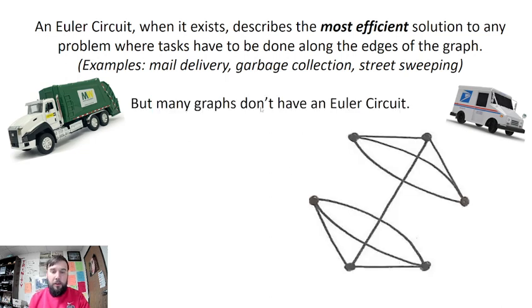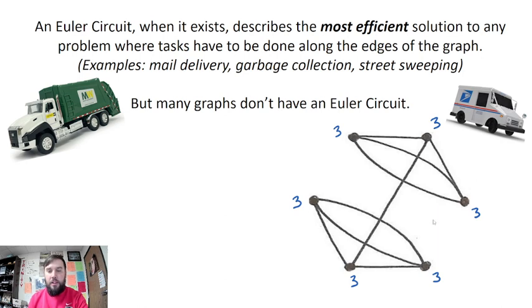But many graphs don't have an Euler circuit. So what are we going to do? If these are the streets of the neighborhood and I'm picking up trash along these streets, I notice there's no Euler circuit or Euler path here, so I can't just go down every street exactly one time without backtracking.